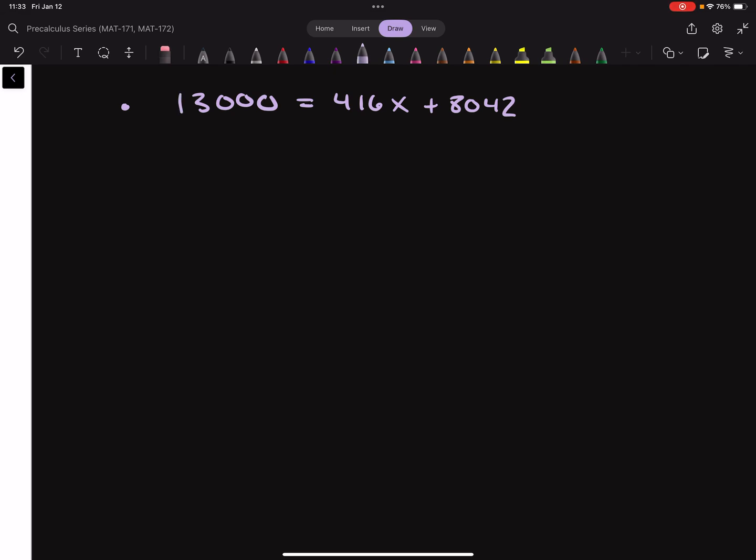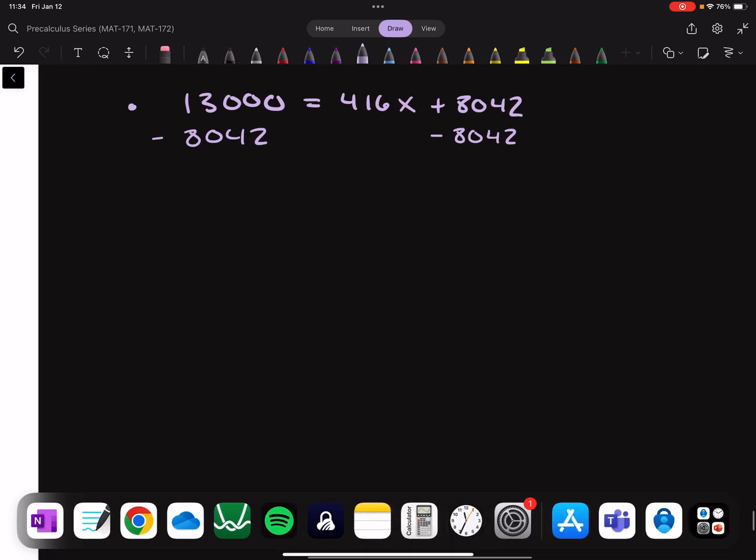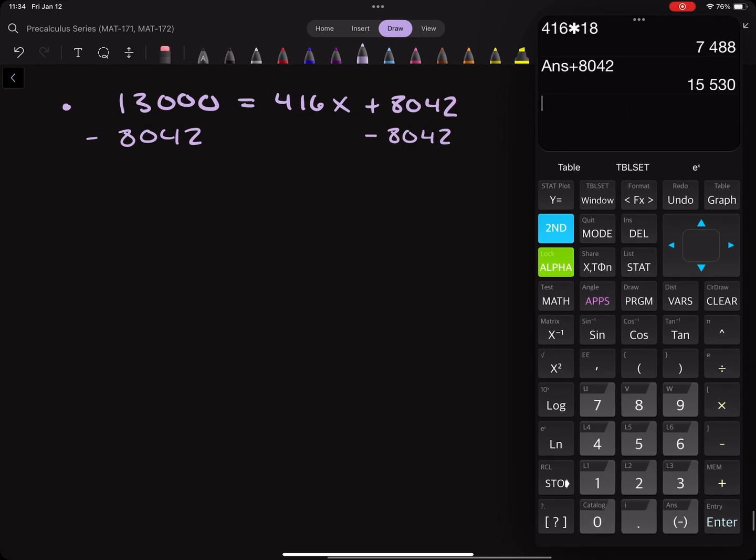Now we can get our variable term on one side and our constant term on the other side. So I'm going to subtract 8042 from both sides. Today I just don't feel strong enough to do a bunch of mental math, even though I should. Maybe tomorrow. 13,000 minus 8042.